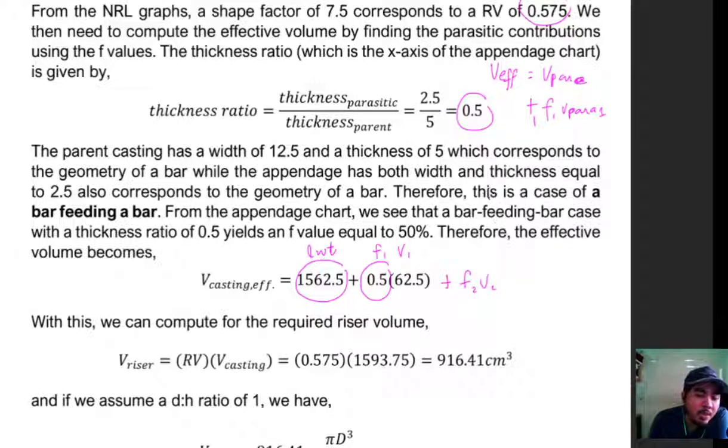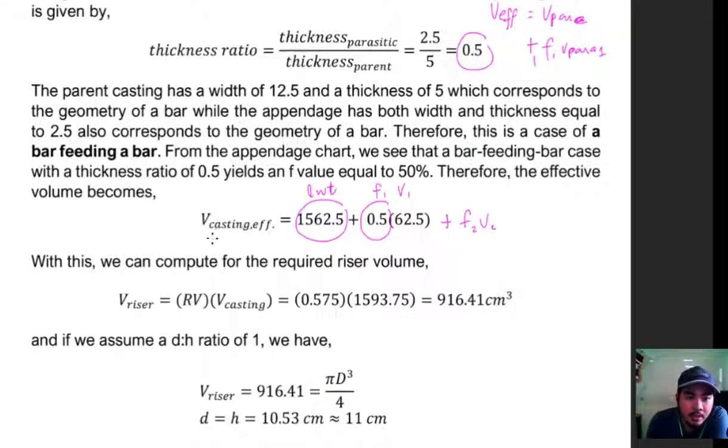Kung meron pa tayong more appendages. Pero for this example, isa lang yung appendage, therefore, ito siya. Okay? That is now our effective total volume of the casting. Then we just multiply this by the relative volume, which is 0.575 multiplied by this value, and we can find the riser volume.